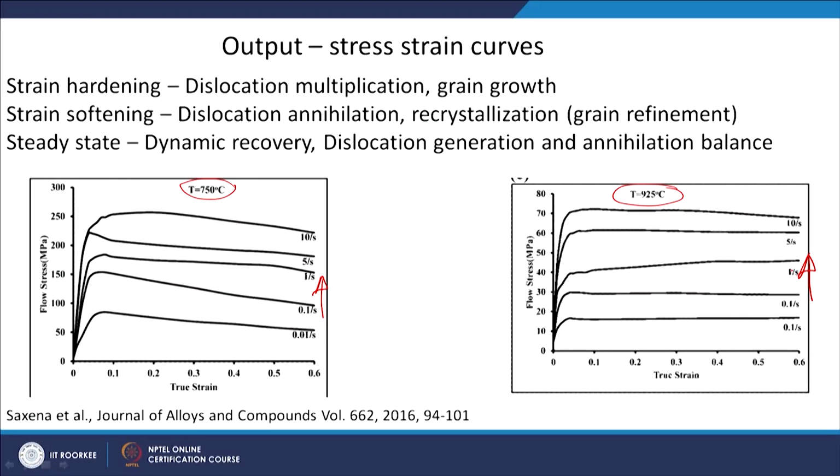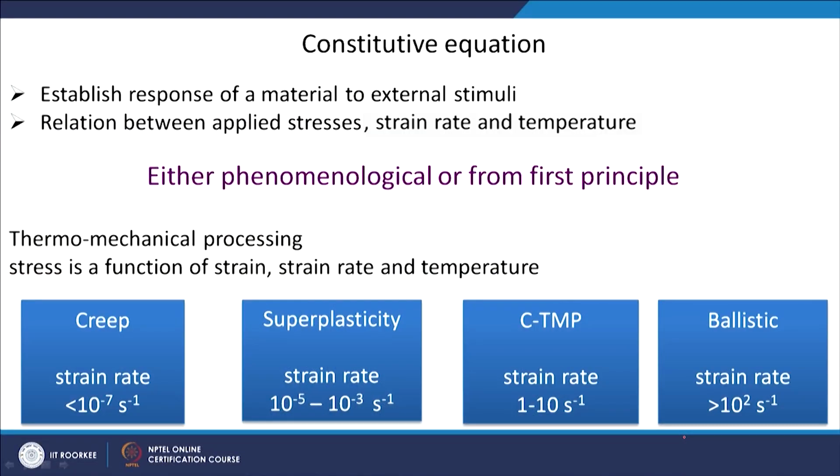when you are doing this kind of deformation, and then we use this output to get what we call constitutive equations. Basically, a constitutive equation is the relation between the stress, strain rate and temperature. So, we establish the constitutive equation for each material, that is, the response of the material in terms of stress as a function of strain rate and temperature.